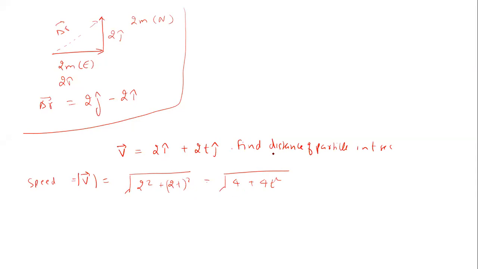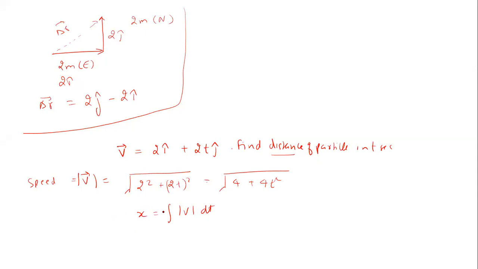But I have to find distance. Distance x is equal to the integration of mod of v dt. Mod of v means speed.